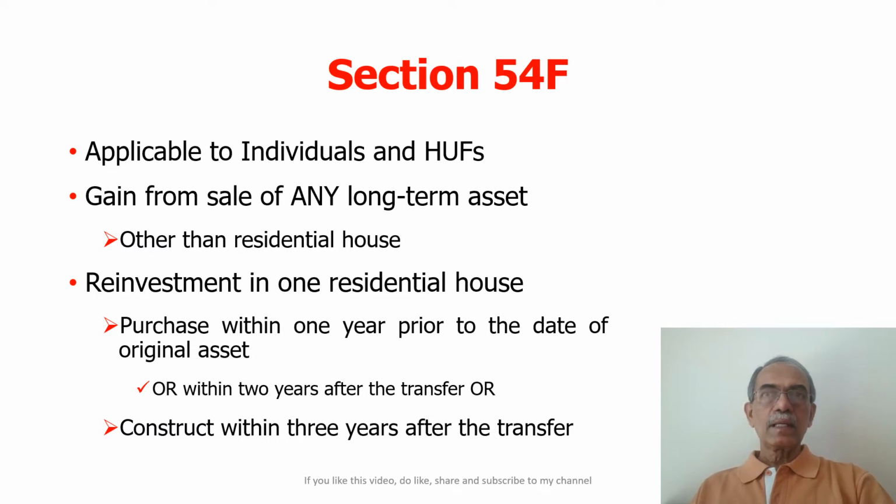In other words, once the property is transferred, the benefit will be available for the reinvestment made in purchase of another residential house 1 year prior to the transfer or 2 years after the transfer. But in case the taxpayer intends to construct a house, such a construction can take place within 3 years after the transfer of the original asset.